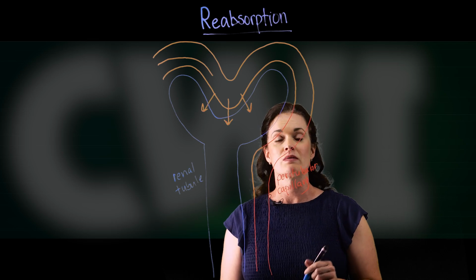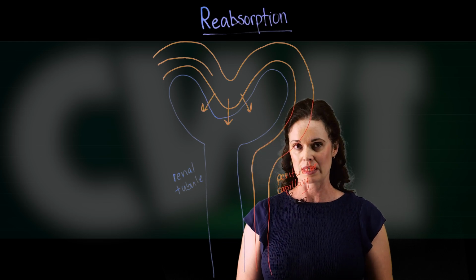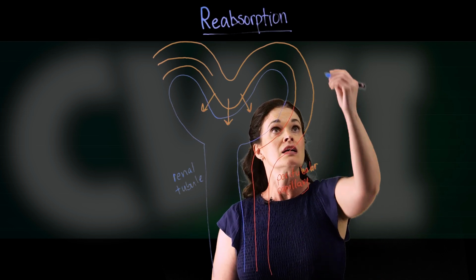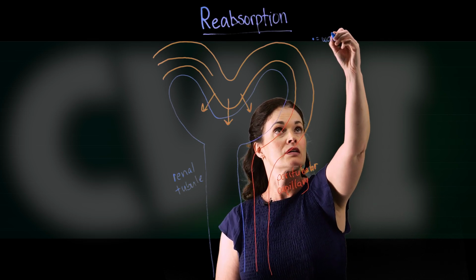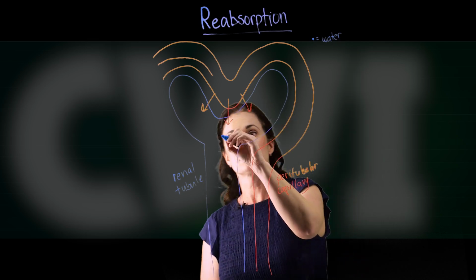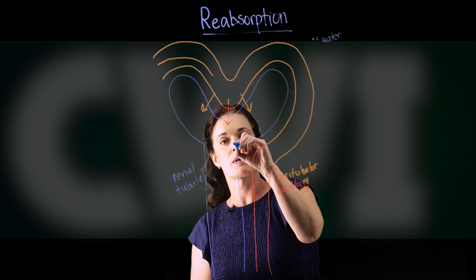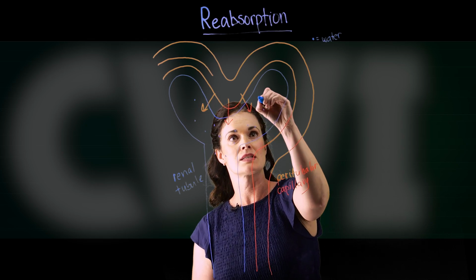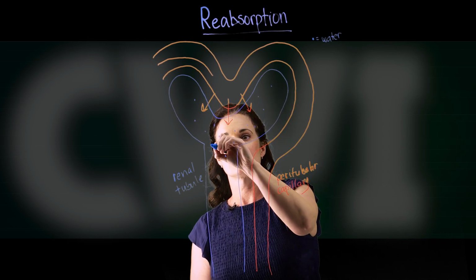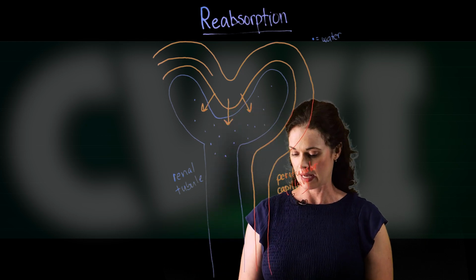So I'm going to draw you a representation of some of the things that get filtered out in this area. So one of the major things that gets filtered out is water, and I'm going to use just some little blue dots to represent water that has moved out of the blood during this process of filtration and is now in the glomerular capsule.